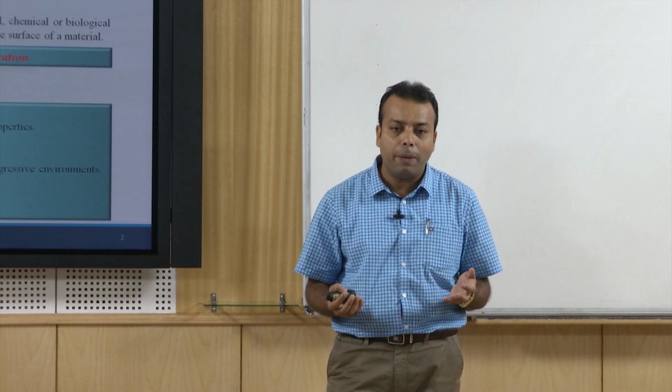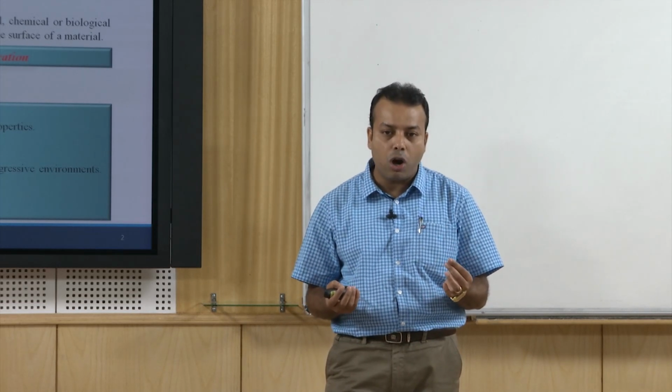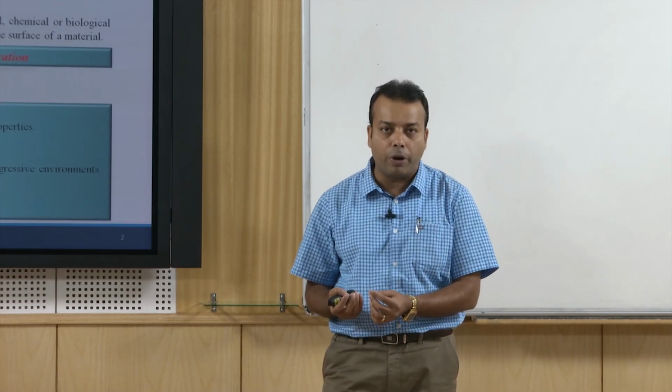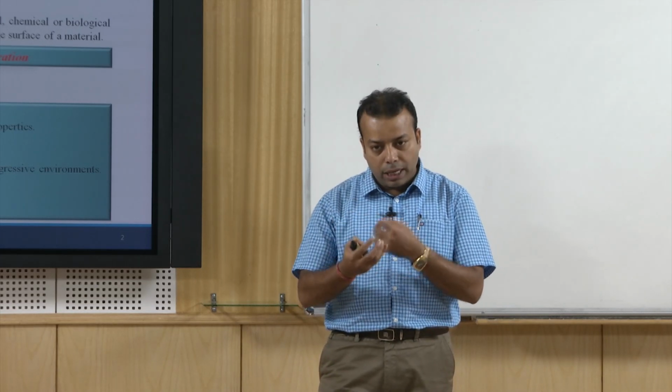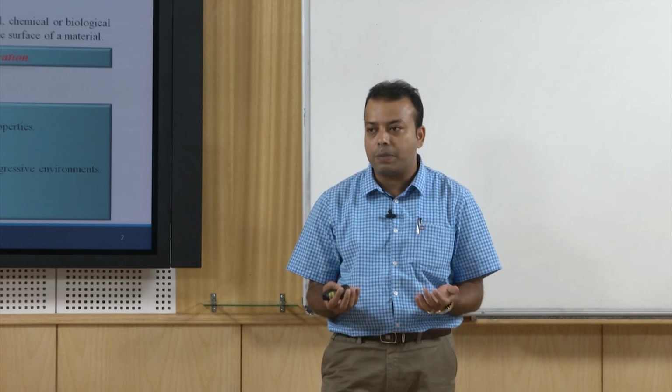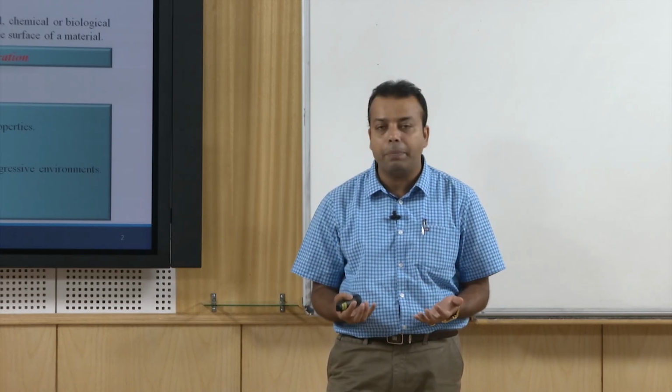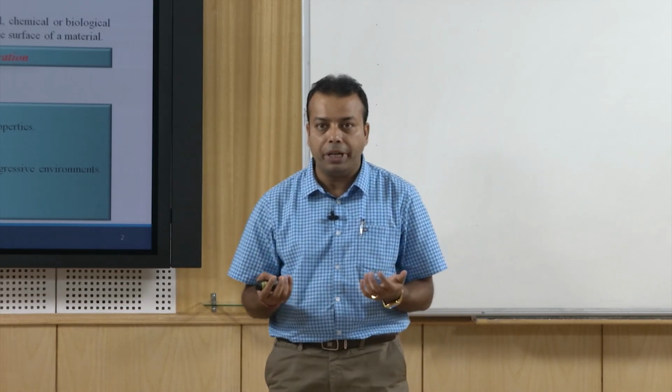But sometimes that material is not readily accepted by our body. So, we try to do certain kinds of coatings on that material so that it can be accepted by our body.